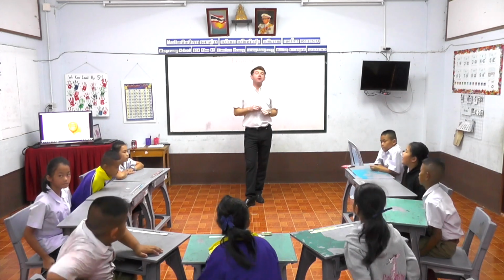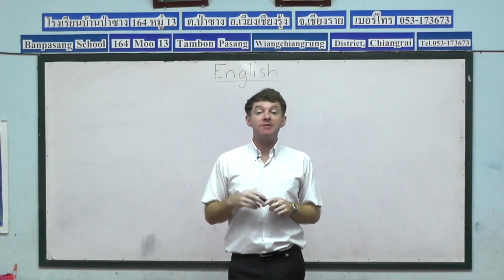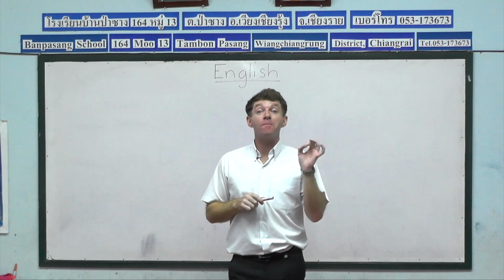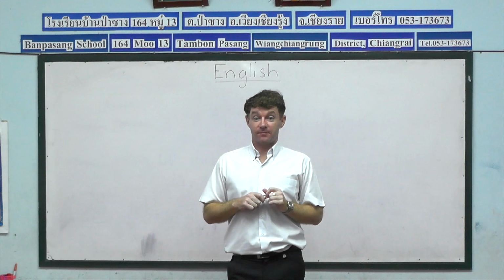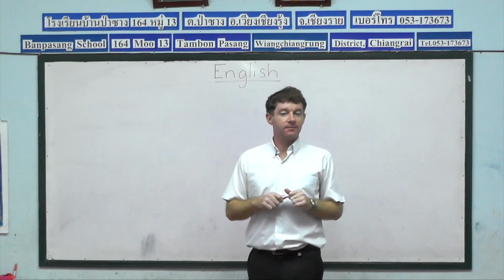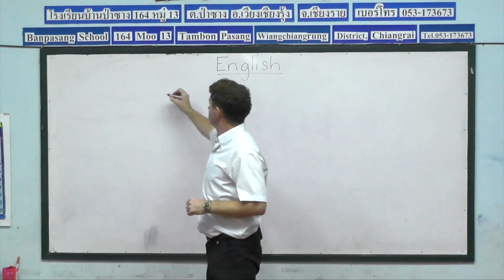So who can tell me or who can remember what we learned about in the previous English lesson? Remember our word comparative. Comparative. One more time, comparative. How do we spell comparative? Can we remember?